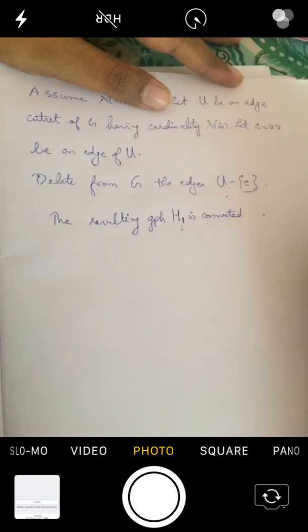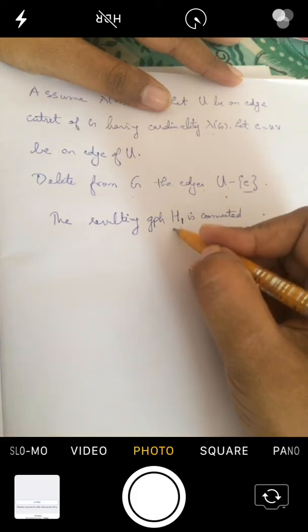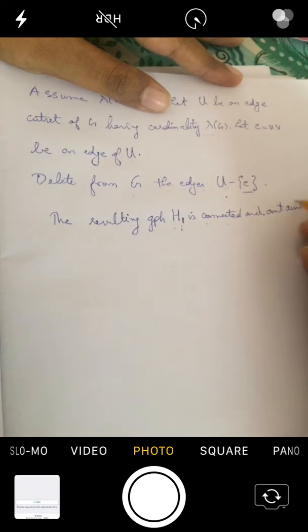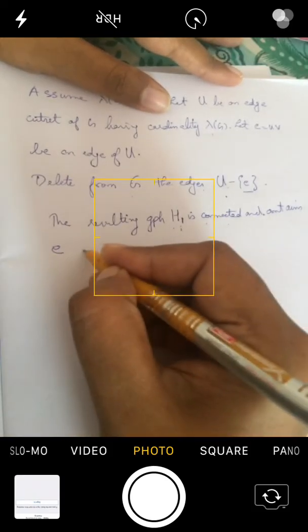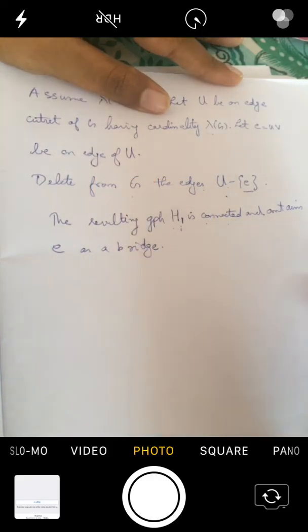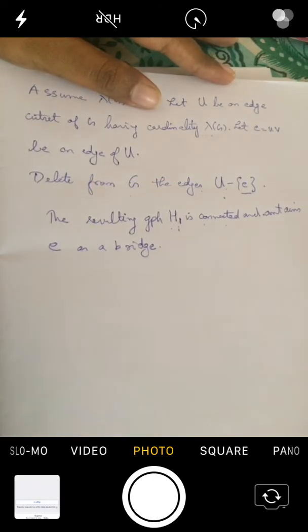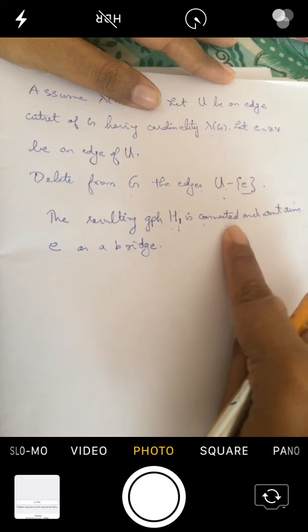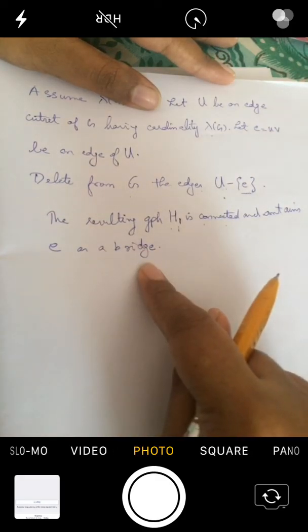So the resulting graph H1 is connected, and it contains E as a bridge.